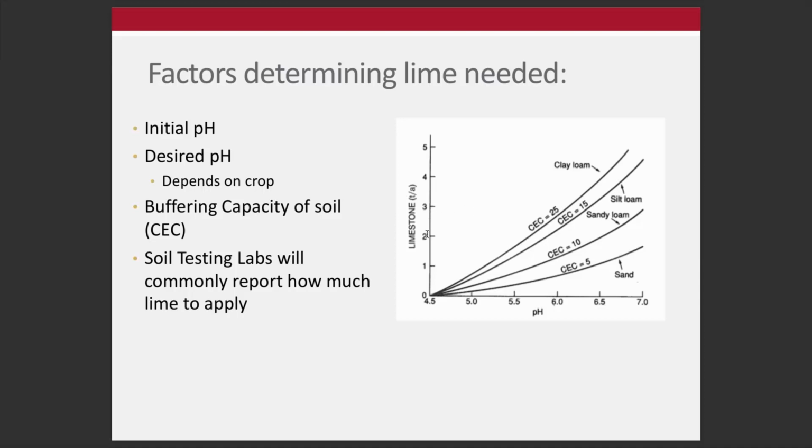So the idea is that if we start at a 4.5 and add 2 tons of lime, it might raise the pH of a heavy clay soil to 5.5. But if we apply 2 tons of lime to a sandy soil, it might raise it above 7, okay? So this relationship is that as our CEC increases, the buffering capacity, the ability of a liming event to change the soil pH, drops as that CEC increases.